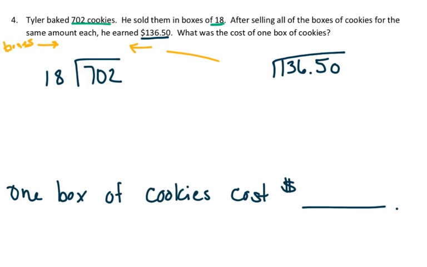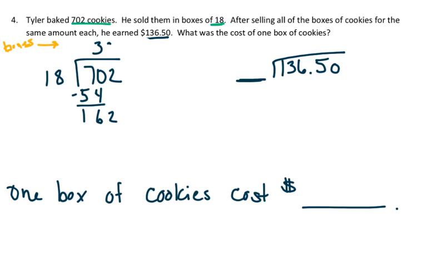Okay? I'm not sure what this number is just yet, so let's just make a blank. Okay, so when I'm doing the division for this one, 702 divided by 18, I'm finding out the number of boxes. Sometimes the students have a hard time remembering what they're looking for, so it's fine to just remind them. We're trying to find the number of boxes here. We're not really finding the total just yet.